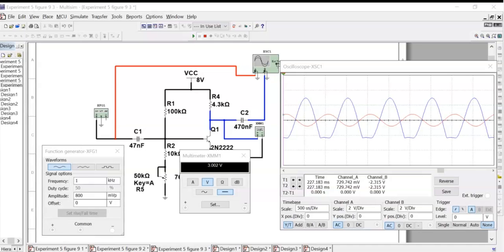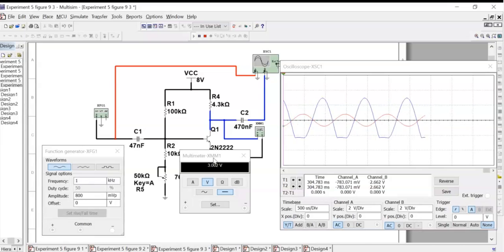So next, we need to set BCE to 4.2 volts by adjusting again the potentiometer.